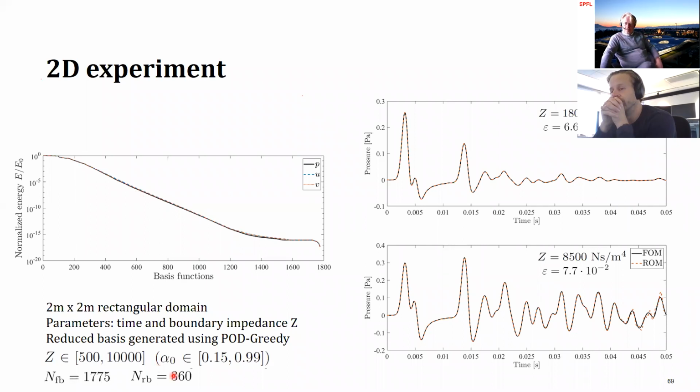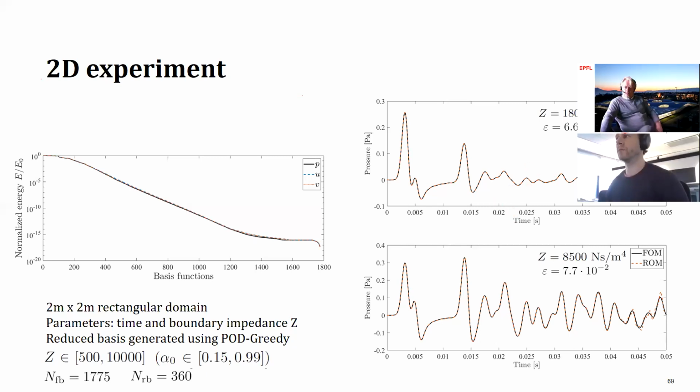So the size of the reduced model is only 20% of the size of the full model. And if we now take the reduced model and simulate for any value here ranging from 500 to 10,000, these are two examples here, some values chosen outside of those initial sampling values, we see that we get a very good match to the full order model, but solving a system that's only 20% of the size.